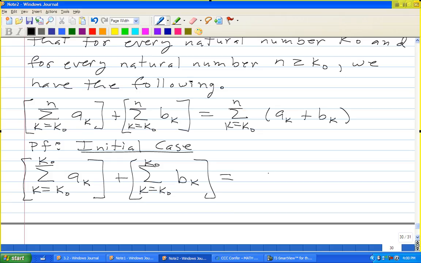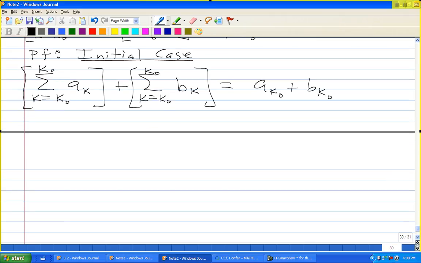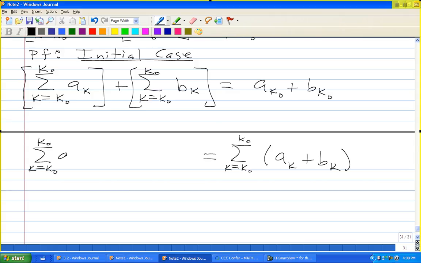This is just equal to a sub k 0 plus b sub k 0, which is the sum k equaling k sub 0 to k sub 0 of a sub k plus b sub k. And so I've shown that the above formula holds when n is equal to k sub 0.